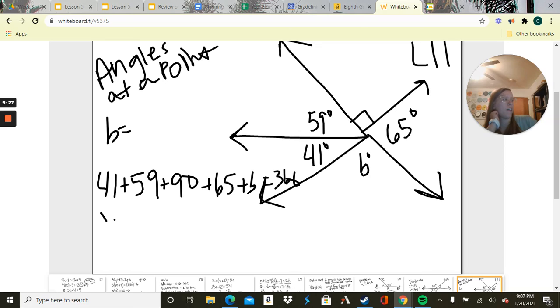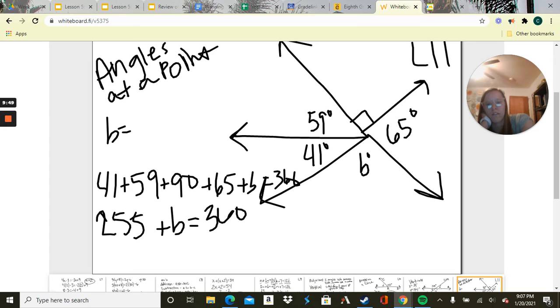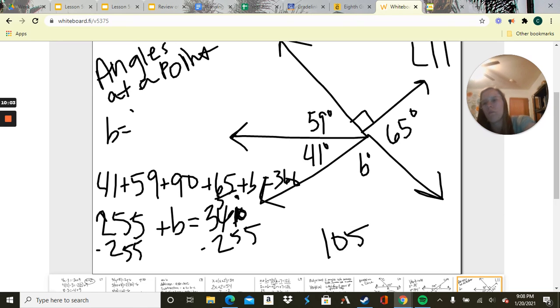So we're going to simplify that by adding up all of our numbers that we know. So we're going to have 255 plus B equals 360. So we subtract 255 on both sides. We are going to get 105. So B equals 105 degrees.